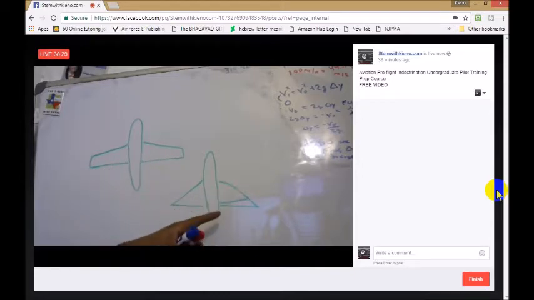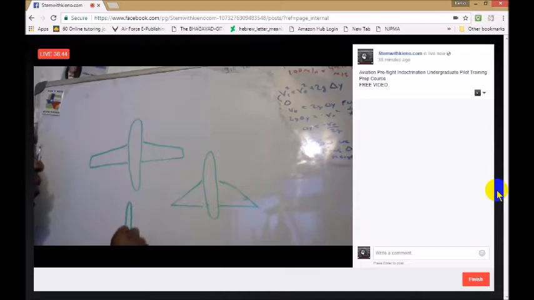Whereas the delta wing is designed for high-speed flight. So if you look at your F-16, your F-15, that type of aircraft, and another type, on most of your commercial airliners, your wings could just be swept back like this. Forgive my artwork there, but this is a sweep back.